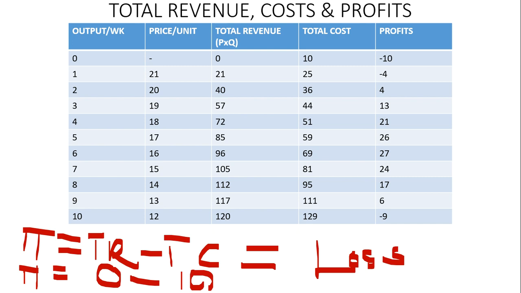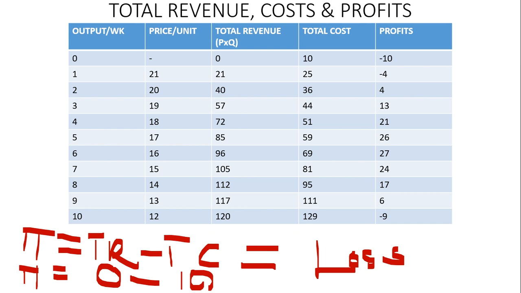And then we are assuming that for you to produce this 1 unit of output, you have incurred a total cost of 25 kwacha. Your revenue is only 21. Therefore, you've again made a loss, because the cost side is higher than the revenue side.